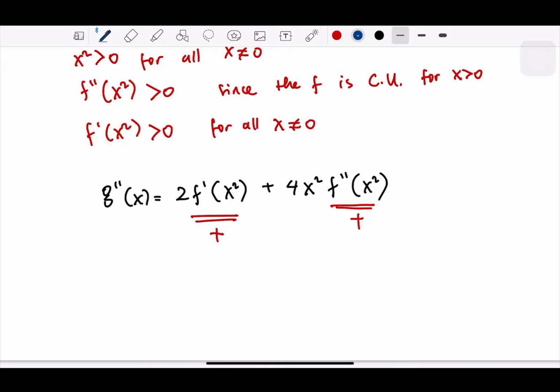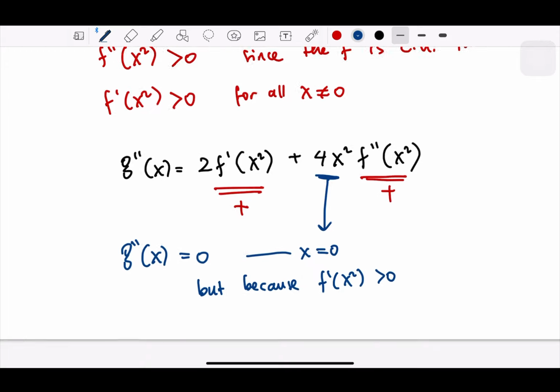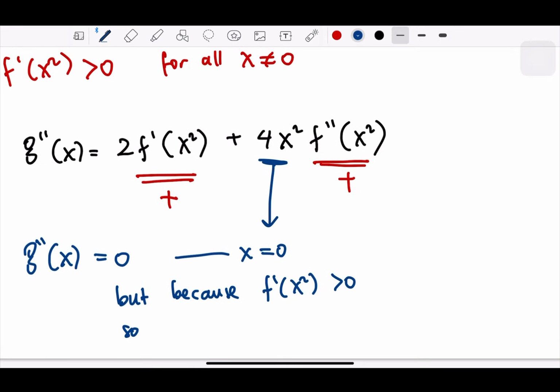So when we set this equal to 0, the only way to do that is by looking at the x. X should be 0. But because f prime of x squared is positive, the function g is always concave upward because it's always positive.